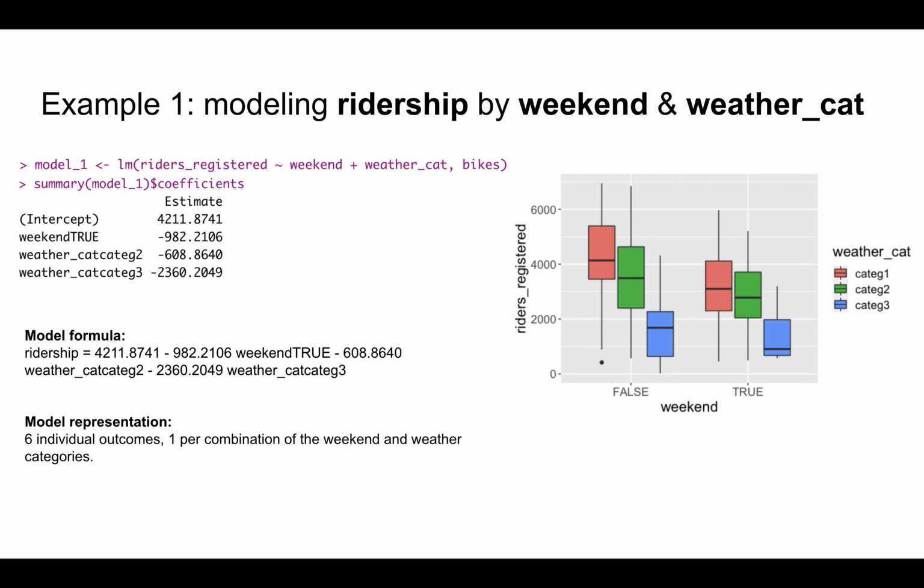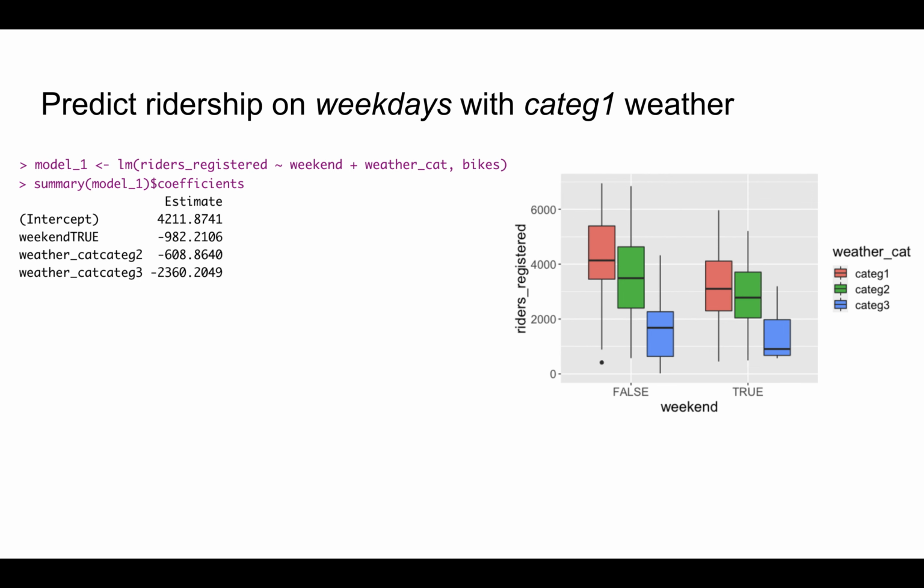Thus, this model only has 6 possible outcomes, one per combination of the 2 weekend categories and 3 weather categories, or one per group represented in our box plot visualization. At some point, we'll be able to look at model tables like these and more quickly draw meaning from the numbers, but this takes practice.